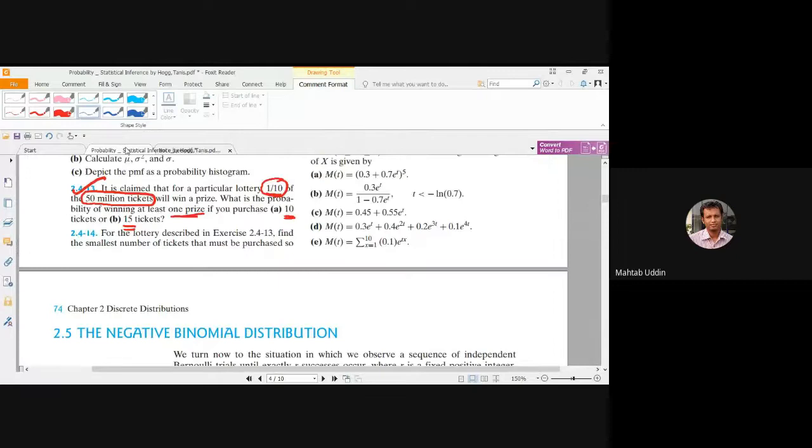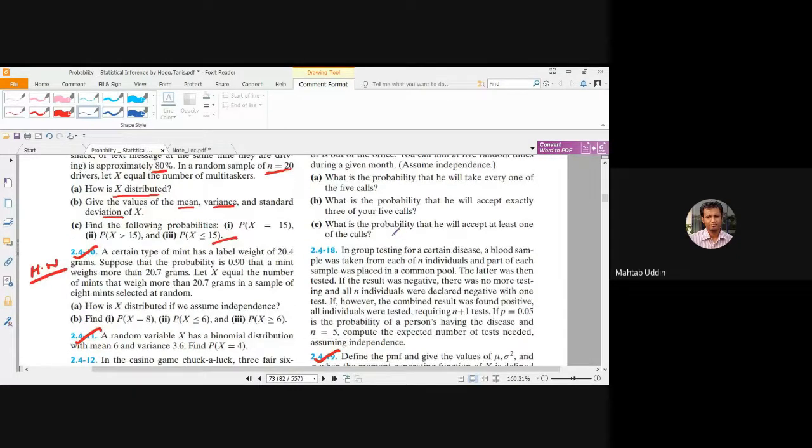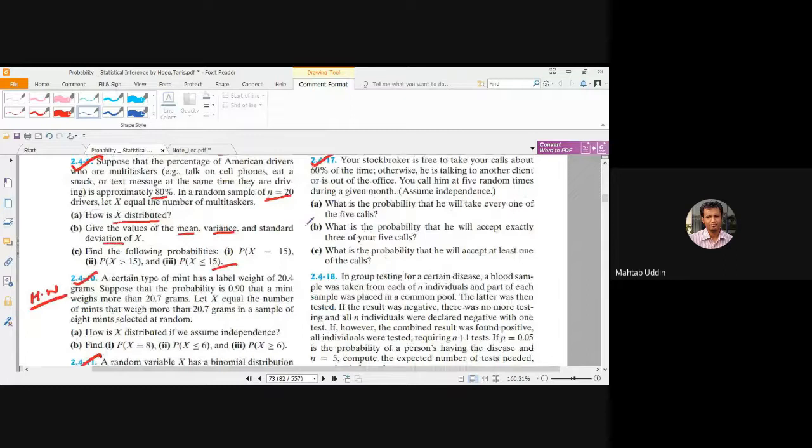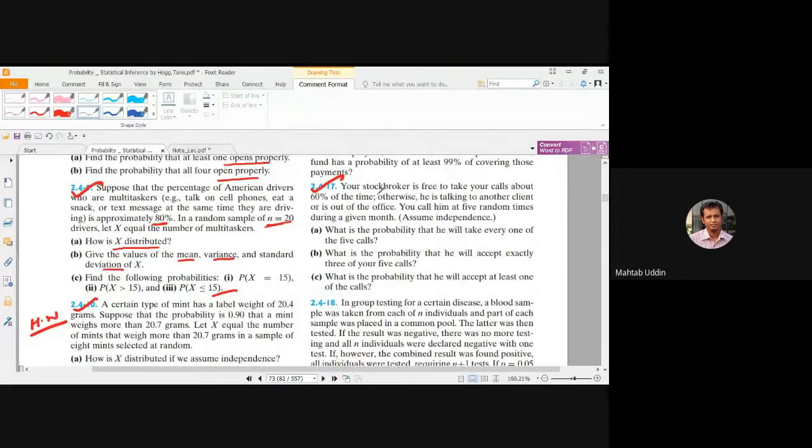Then 17. I will not do 17. Just get the information here for you. Your stockbroker is free to take your calls about 60% of the time.